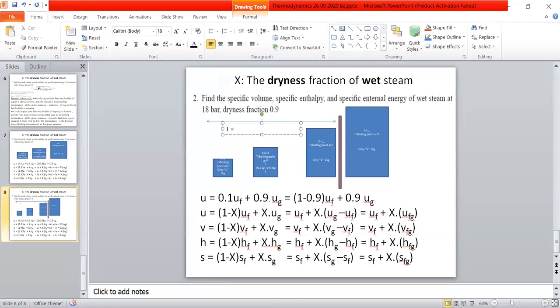Temperature equals boiling point at 18 bar for this case. That is according to the table for 18 bar. It is 207.1. In the table, I will show you.